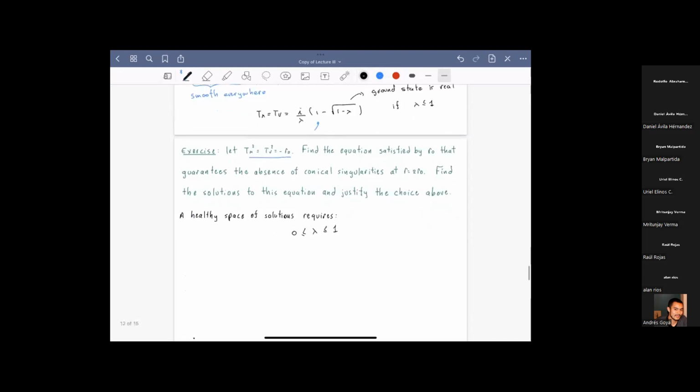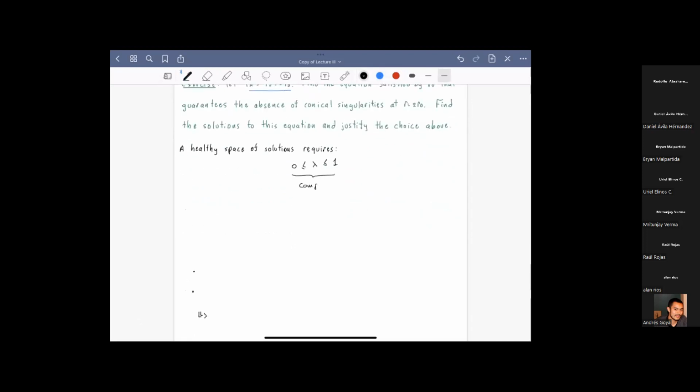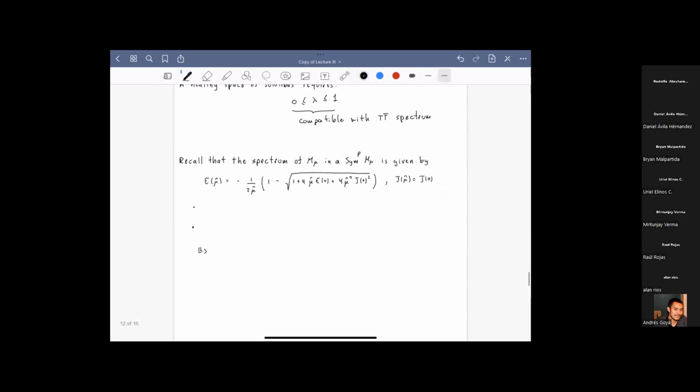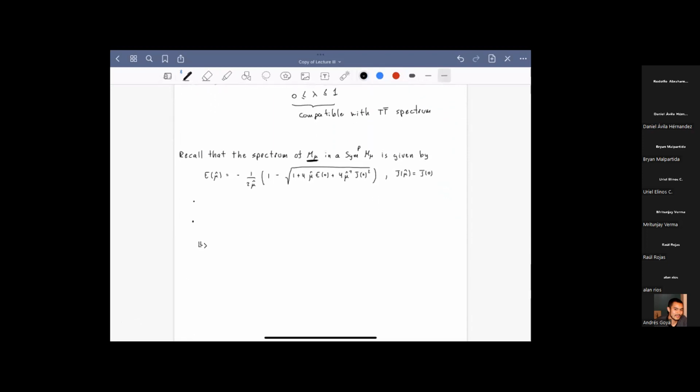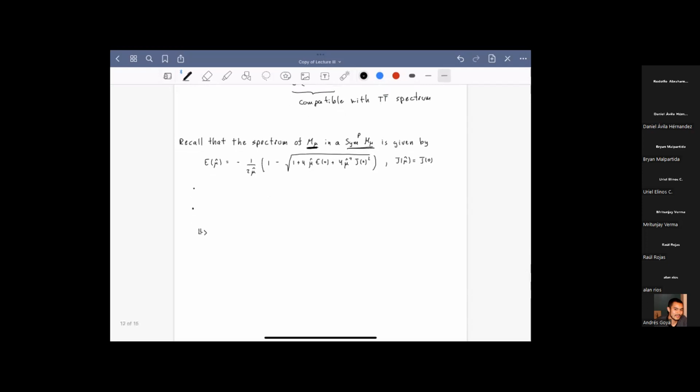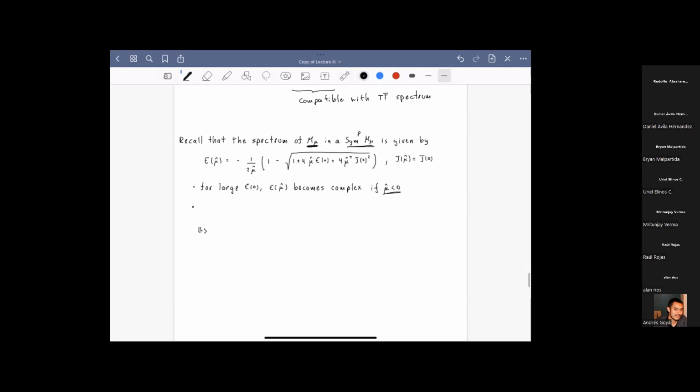Why is this interesting? This is interesting because this is compatible with what we learned about the TTbar spectrum in the first lecture. So let us recall what we did back then. Remember that the spectrum of a seed CFT TTbar deformed in this symmetric orbifold is given by this formula. You see there's the characteristic square root of the TTbar spectrum. And long ago, we learned that for large energies the deformed energy becomes complex if mu was less than 0.